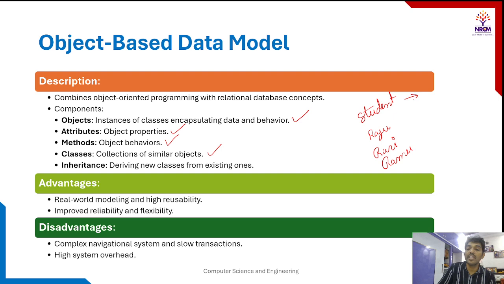So for example, here the attributes are name, followed by age.